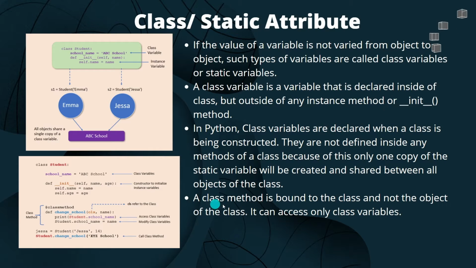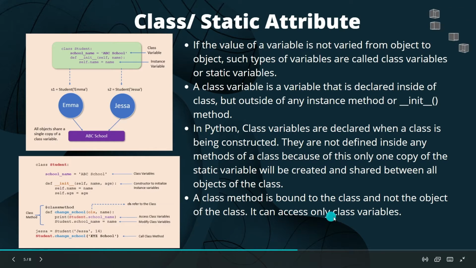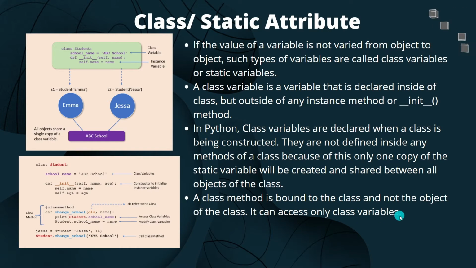The same is written here: a class method is bound to a class and not to an object of a class. It can access only class variables. So in next lectures we are going to see what is a class method. Just to remember, a class method is bound to class, not to the object.